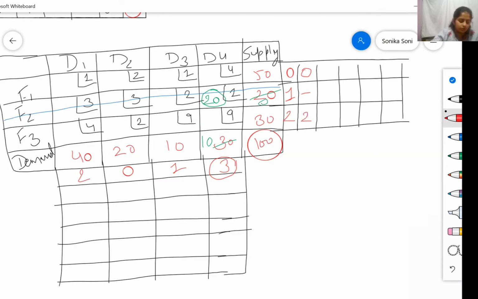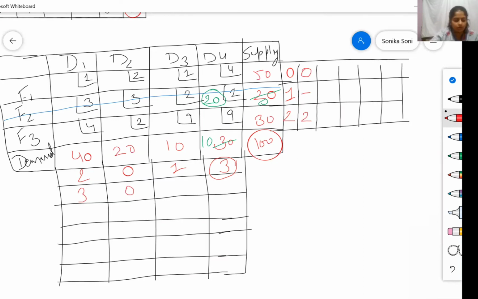Now moving on to the columns, in D1 we have F1D1 and F3D1 as the lowest costs, that is 1 and 4, so the difference between them is 3. In the D2 column, we have 2 and 2 as the lowest, in F1D2 and F3D2, so the difference is 0.